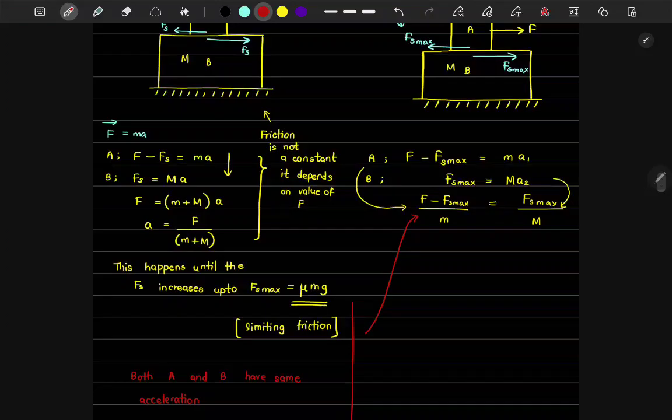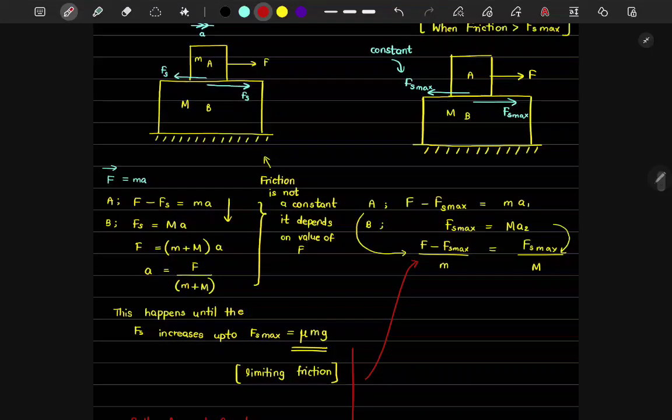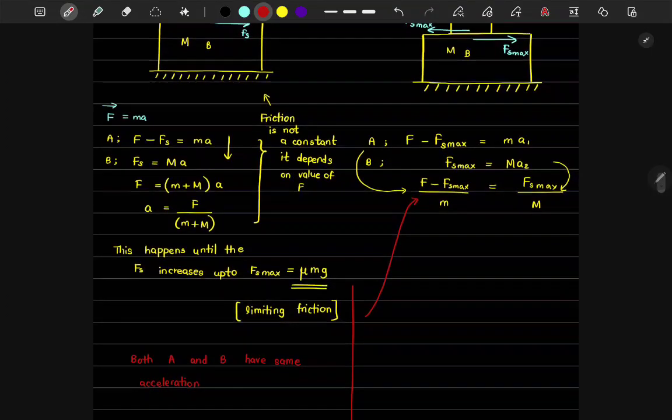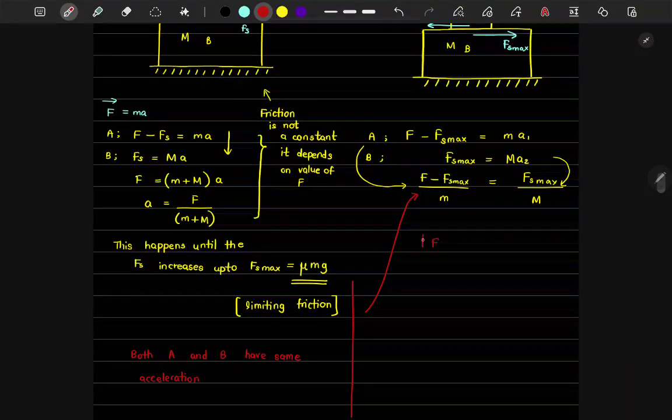As in where the transition occurs, where the friction is equal to Fs max, where it first happened. Afterwards, when F is greater, when F increases, this is a constant. Why the friction won't increase furthermore? But A1 is not a constant.